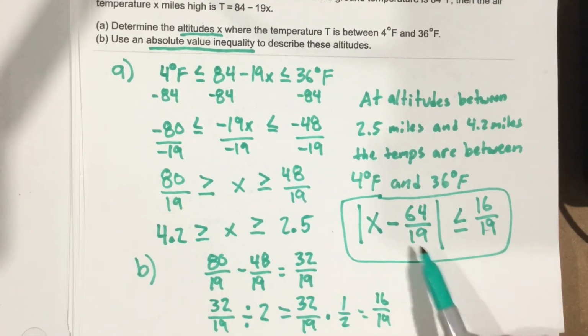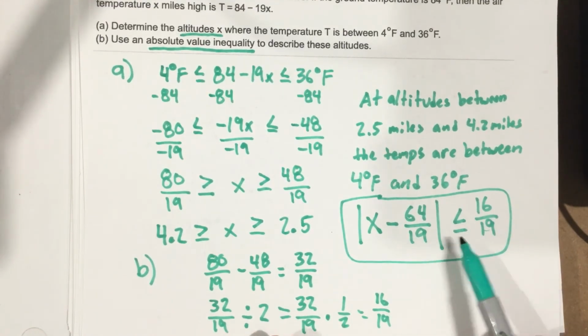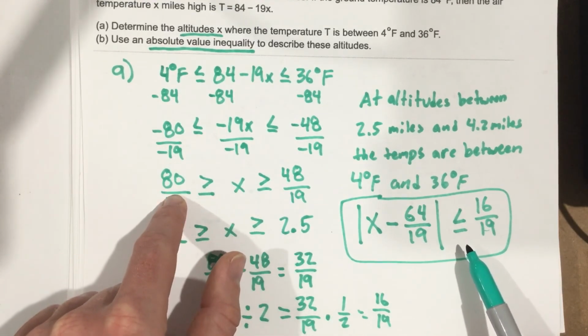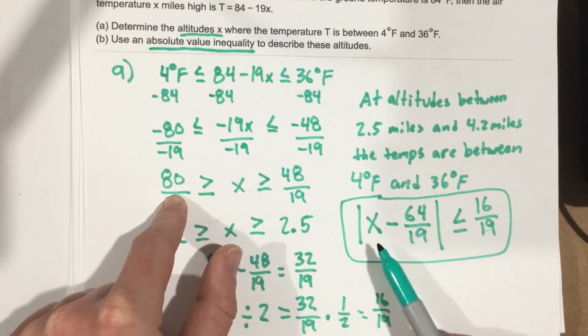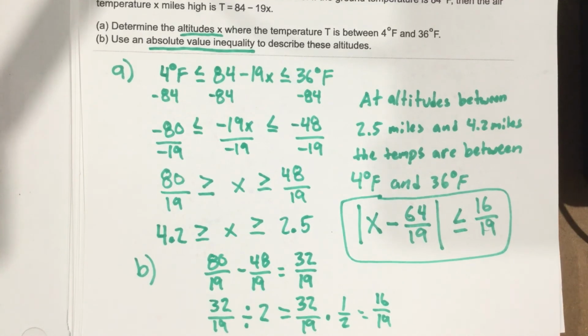Now, if you were to actually solve this, you'd say x minus 64 over 19 is less than or equal to 16 over 19. You'd add that over and get x less than or equal to 80 over 19, which is what we have here. And then we do the negative version of that, and we end up with x greater than or equal to 48 over 19. So I hope you understand how that works. Hopefully that makes some sense.